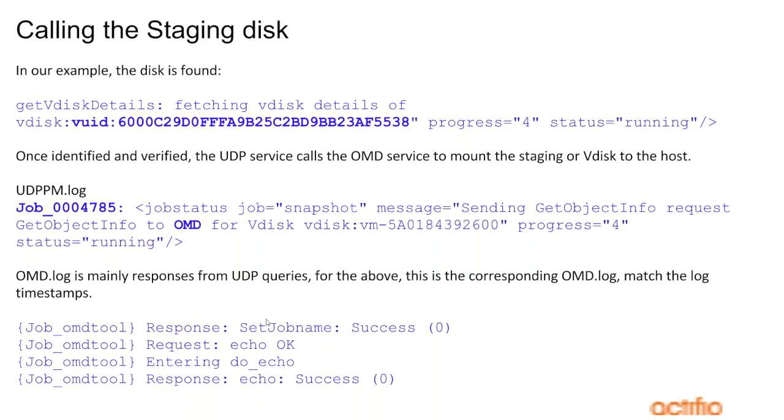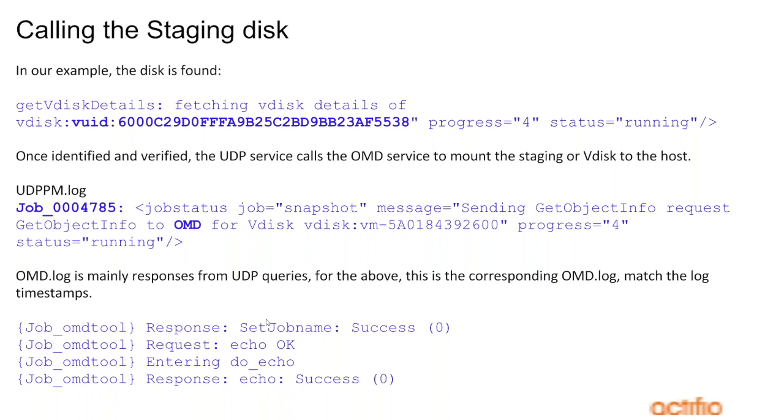So as we can see, it's not really that useful. It doesn't give us a lot of context, but the fact that we can see a response lets us know that the service is online, the socket is open, and it's listening. If we didn't see a response and we were failing to find the staging disk, then we could make a pretty well-informed guess that something is going on. Maybe the OMD service is offline or something is preventing the UDP service from being able to make that request or stopping the request from being honored.